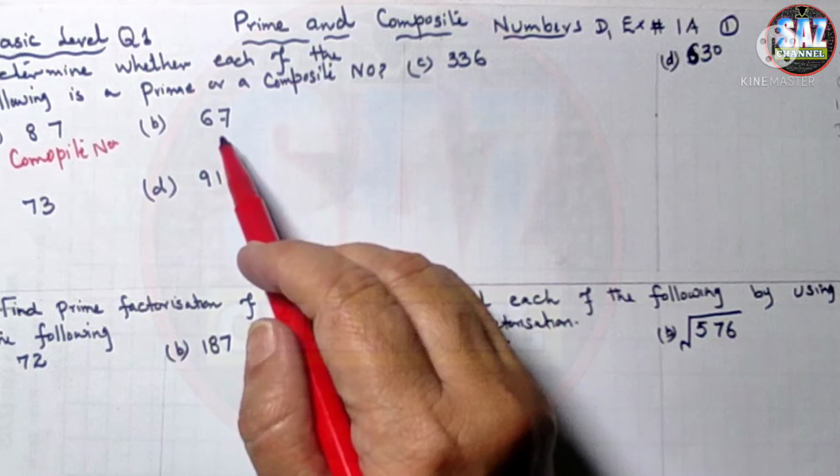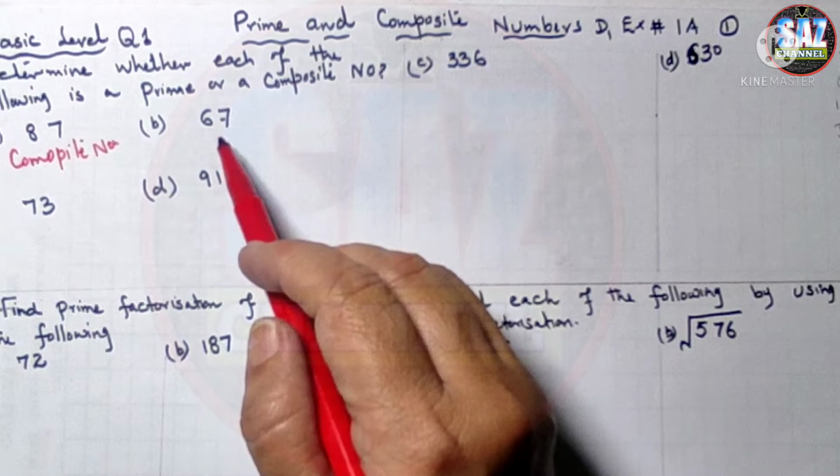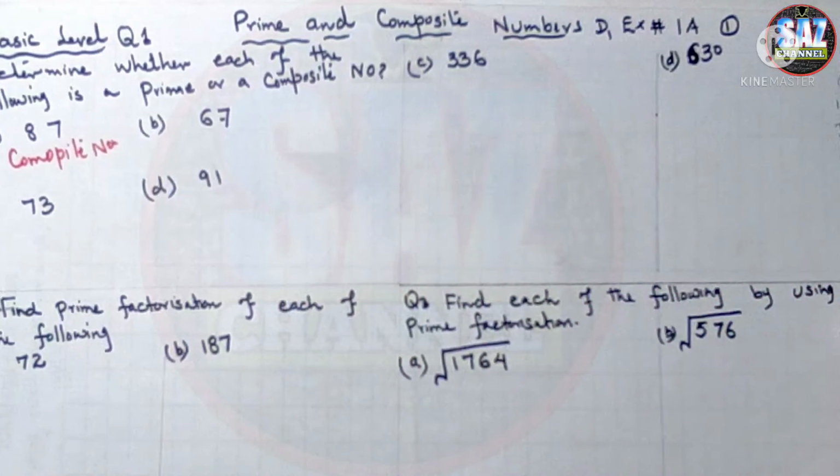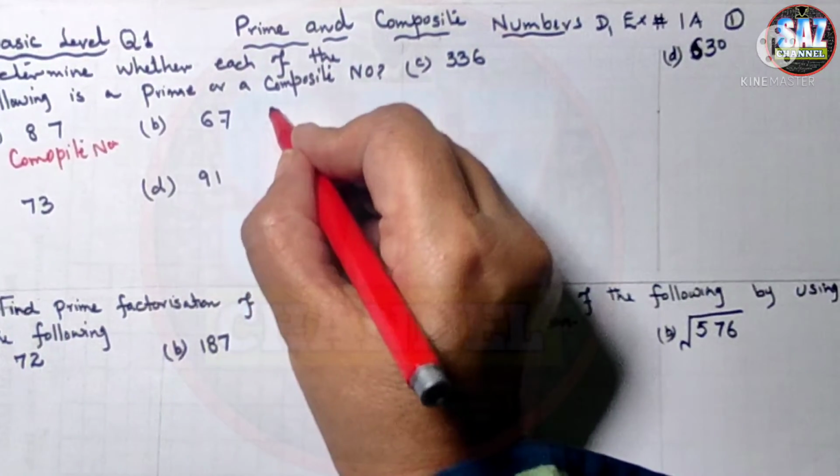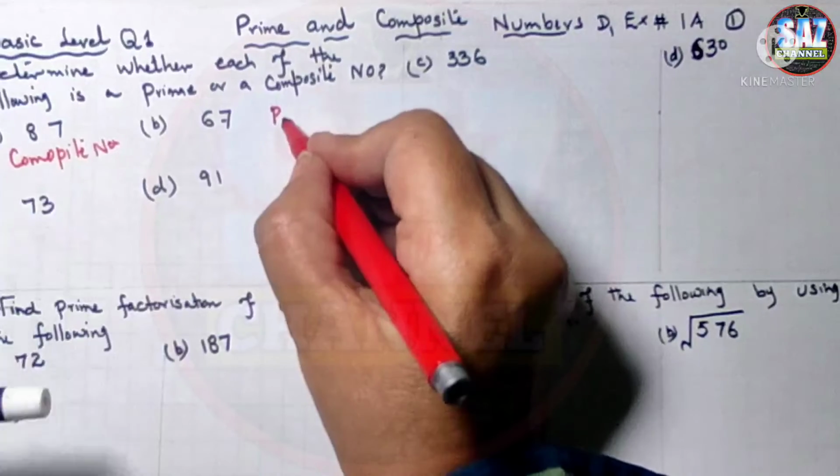Moving to 4, the unit digit is not even, so it will not be divided by 4. For the divisibility test of 5, the unit digit has to be 0 or 5, so it's not divisible by 5. 6 is even, so not possible. So it means it's a prime number.